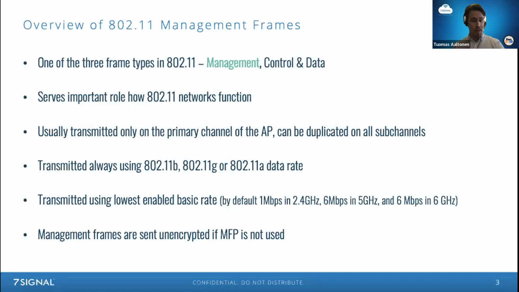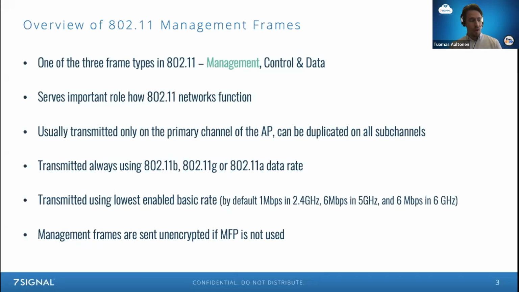And that is why these frames are always transmitted with the legacy data rate, which was also the question at the beginning of the webinar. On the 2.4 gigahertz band, it would be either 11B or 11G rate. And on the 5 gigahertz and 6 gigahertz bands, well, in the 5 gigahertz band, it will be 11A rate.